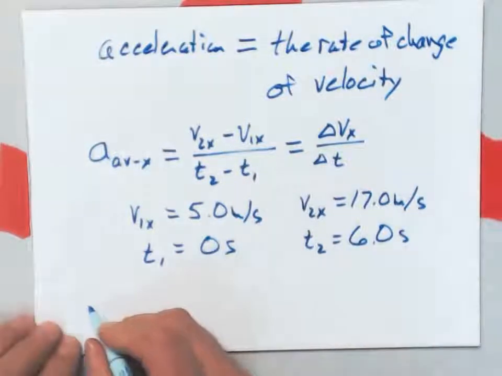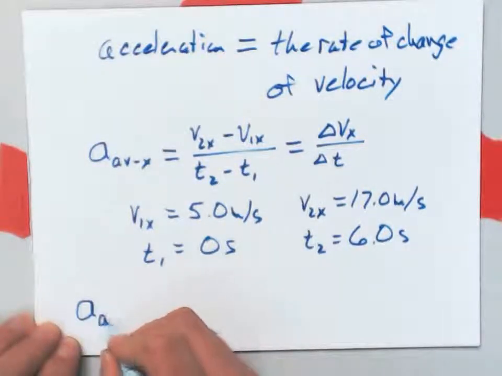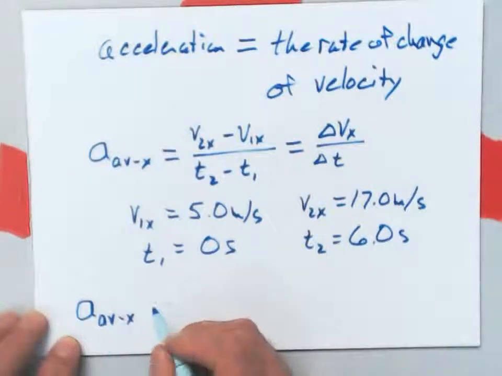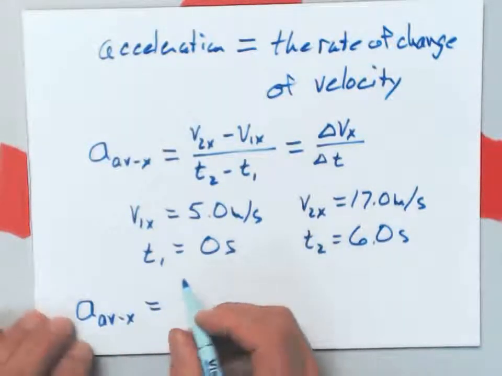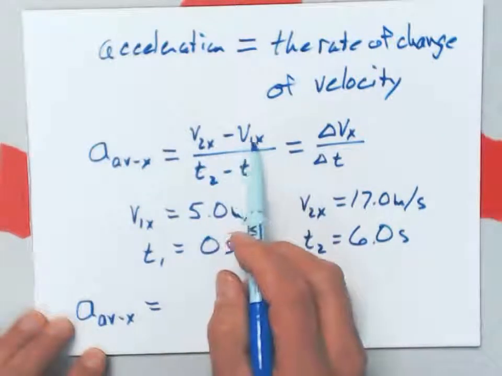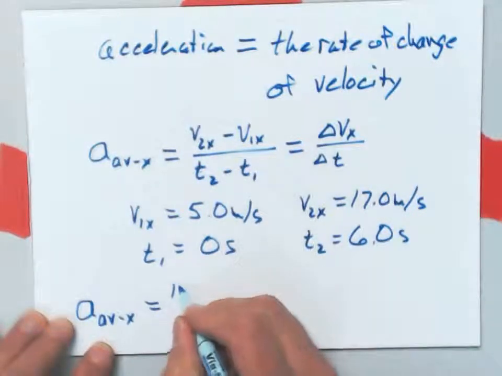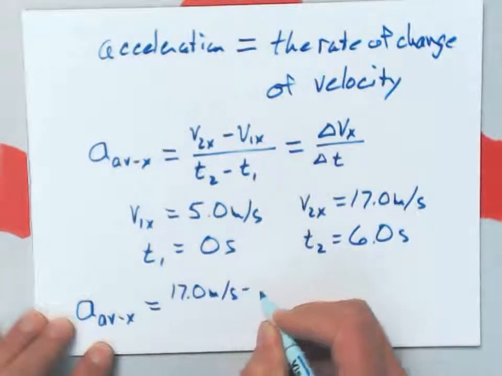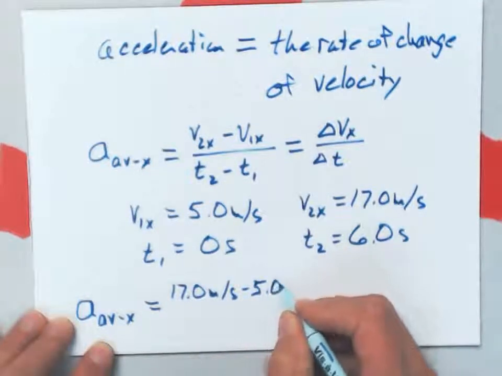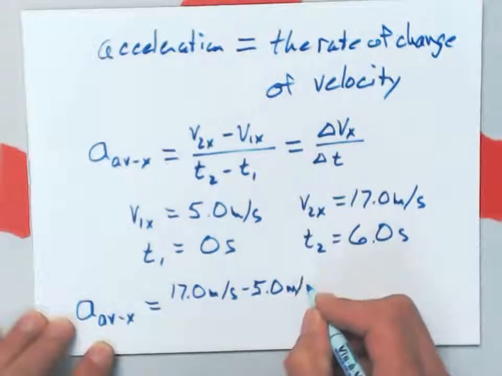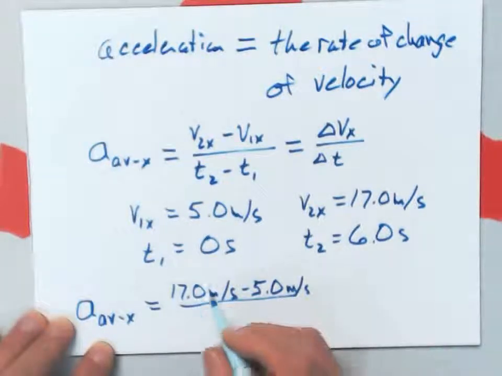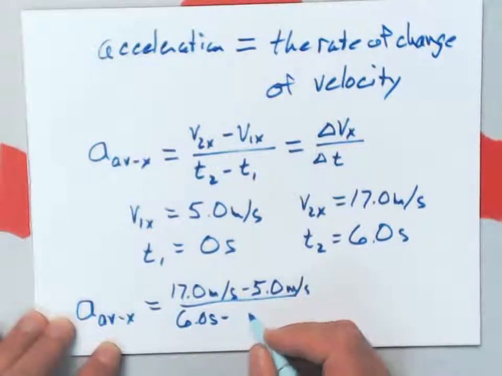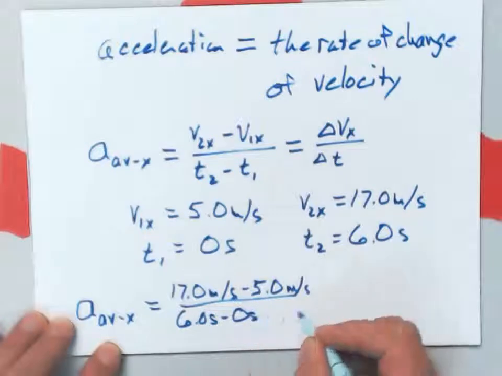The average acceleration in the x direction is going to be this formula up here, which would give me 17.0 meters per second minus 5.0 meters per second divided by 6.0 seconds minus 0 seconds.